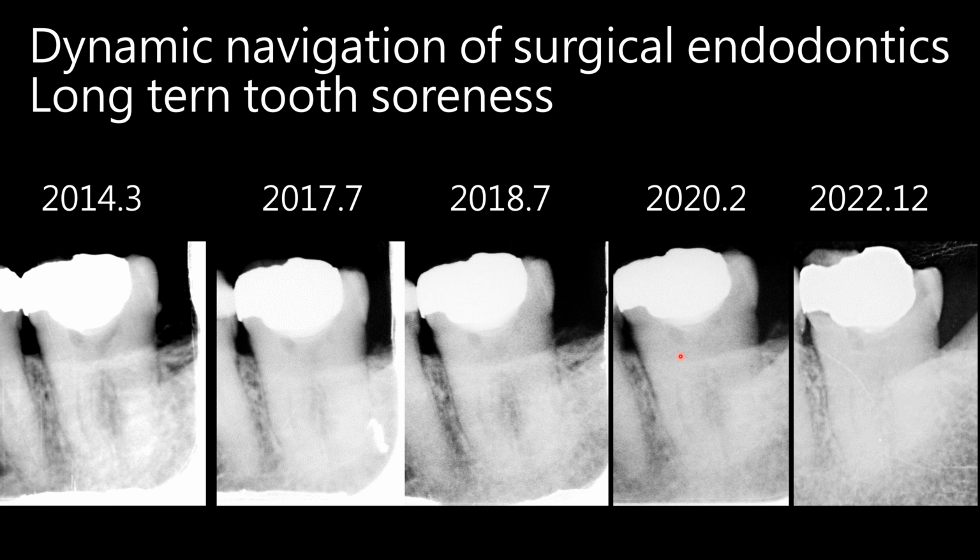And the pulp space is quite obvious in 2014. But you can find that the pulp space is not very clear after so much time. So it got canal calcification.